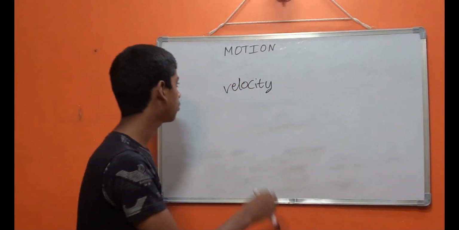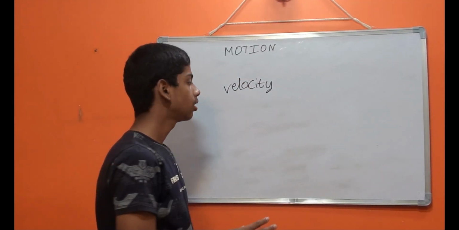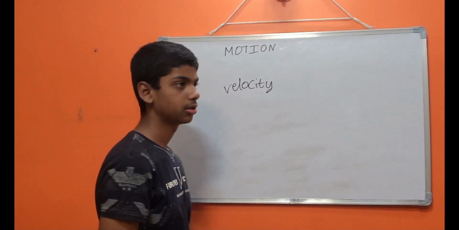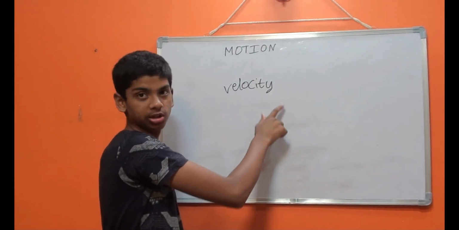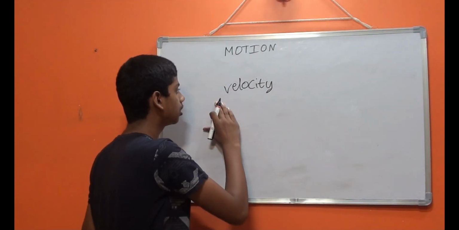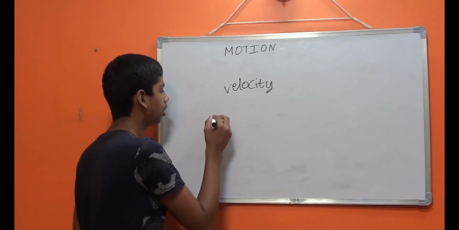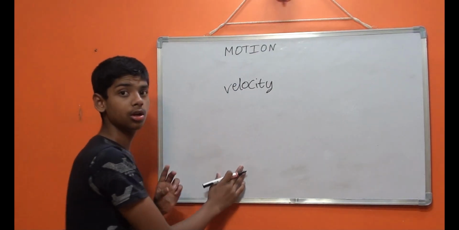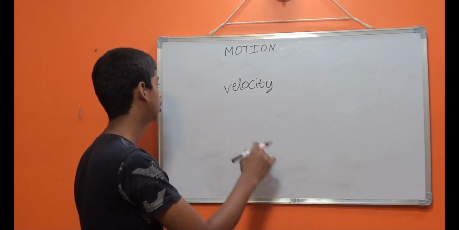Friends, now let's see about velocity. Velocity is a vector quantity. Speed with direction is velocity. There are 4 types of velocity: uniform velocity, non-uniform velocity, instantaneous velocity and average velocity.